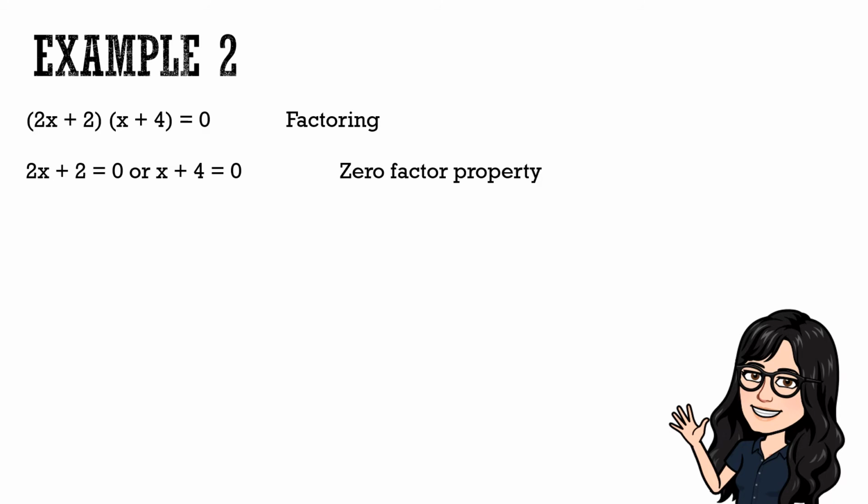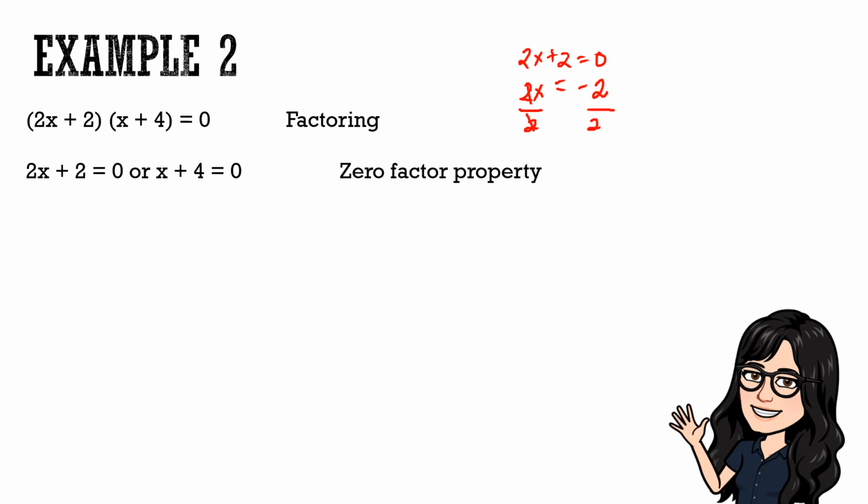To solve 2x plus 2 equals 0, we must move positive 2 to the other side of the equation by the use of the addition property of equality. That's why the result is 2x equals negative 2. Since we still have 2 as the numerical coefficient of x and we need to cancel it out, let's divide both sides of the equation by positive 2.